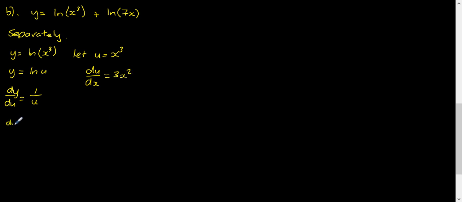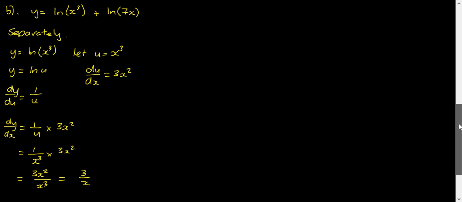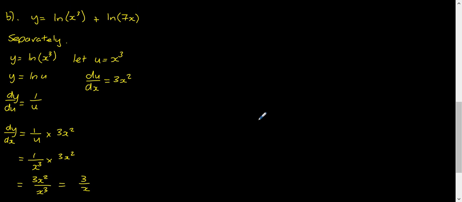And then for dy by dx, for this element, we're going to multiply the two together. 1 over u multiplied by 3x squared. Remember that u is x cubed, so we've got 1 over x cubed times 3x squared, which is 3x squared over x cubed, which actually simplifies to 3 over x. I'll come back to the quick way of doing that in just a sec. So that's our first element here.